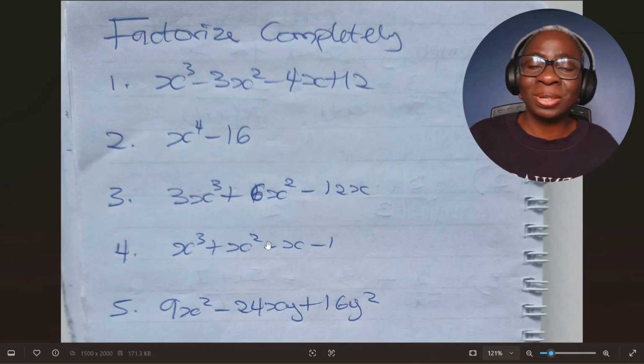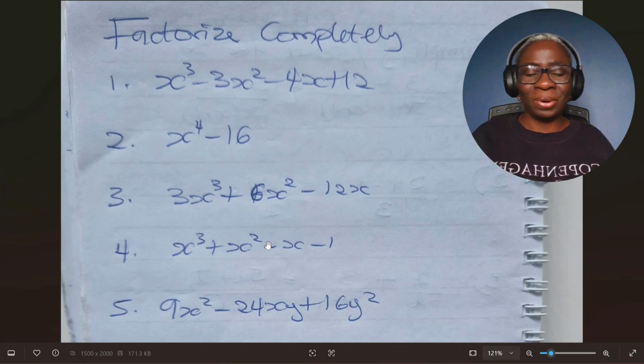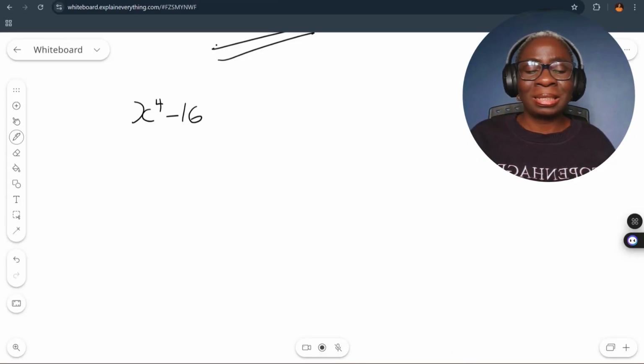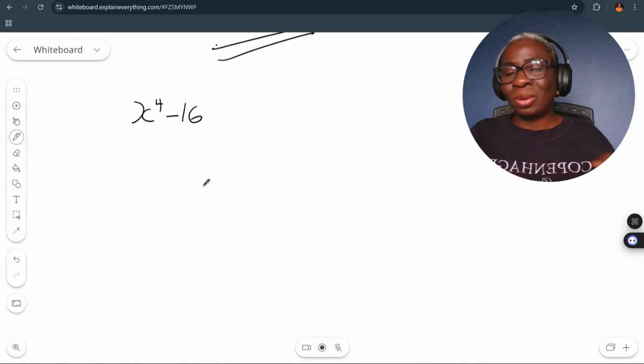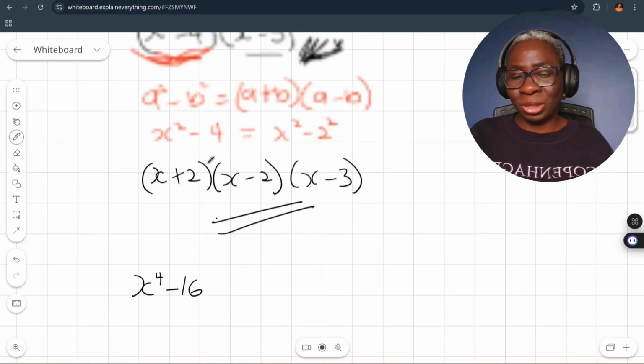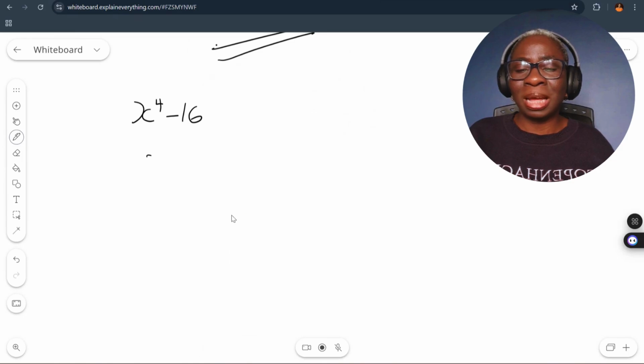The second question says we should factorize completely x raised to power 4 minus 16. How do we factorize this completely? We will be using the same thing that we used here. For this one now, this is the same thing as x raised to power 4 minus 2 raised to power 4, because 16 is 2 raised to power 4.